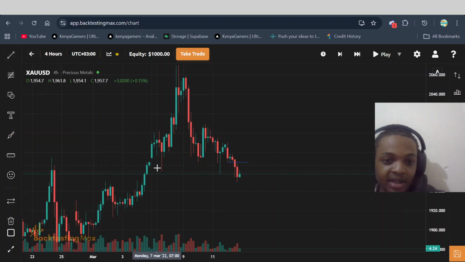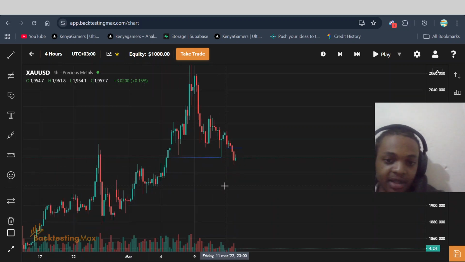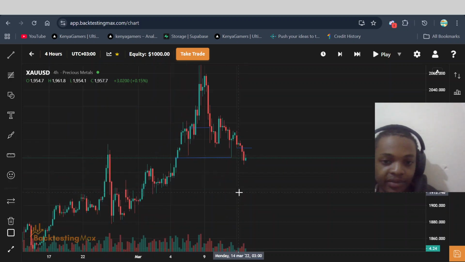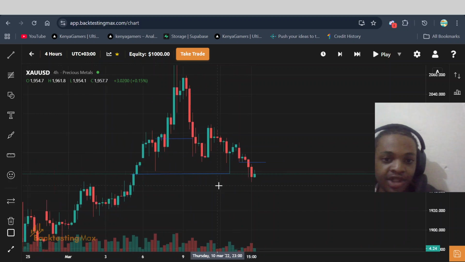Okay, anyways, since I don't have a lot of time, this is a change of character right there. Change of character to show, this kind of confirms that the trend is bullish and is going to continue being bullish.